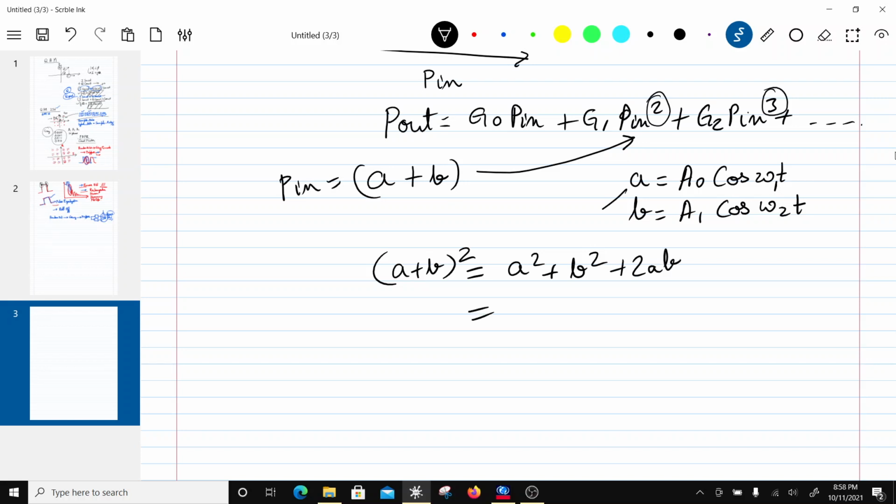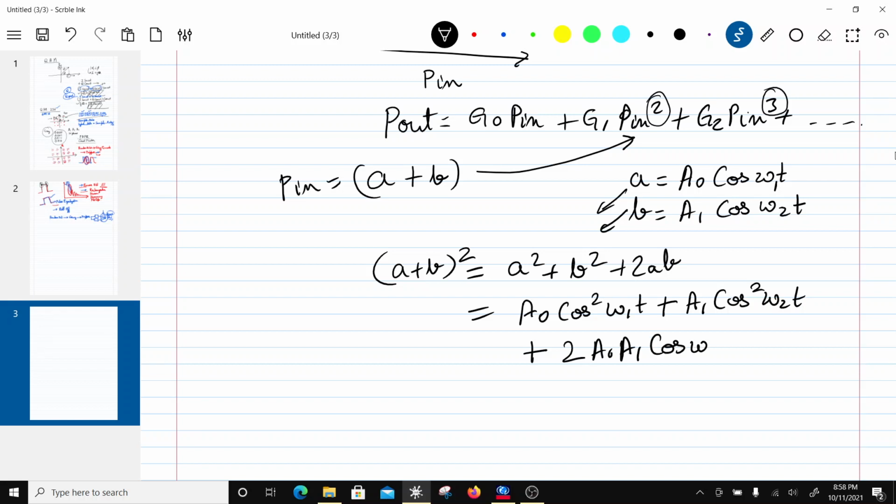If I insert these values back, I would get A0 cos square omega 1 t plus A1 cos square omega 2 t plus twice A0 A1 cos omega 1 t times cos omega 2 t.